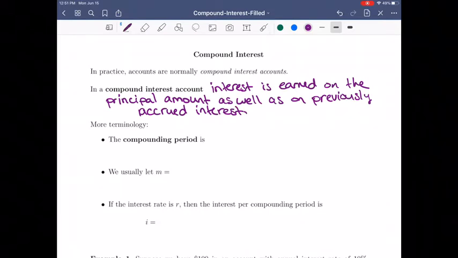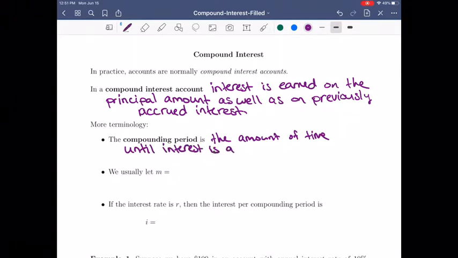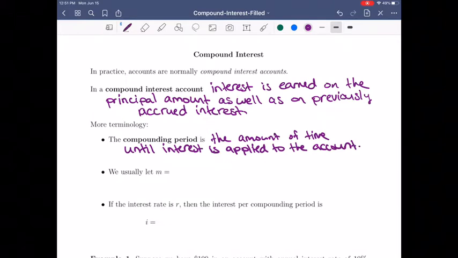So the compounding period is the amount of time until interest is applied to the account. For the simple interest, it was always annually, but here it could be less than a year or more than a year. The compounding period can change.